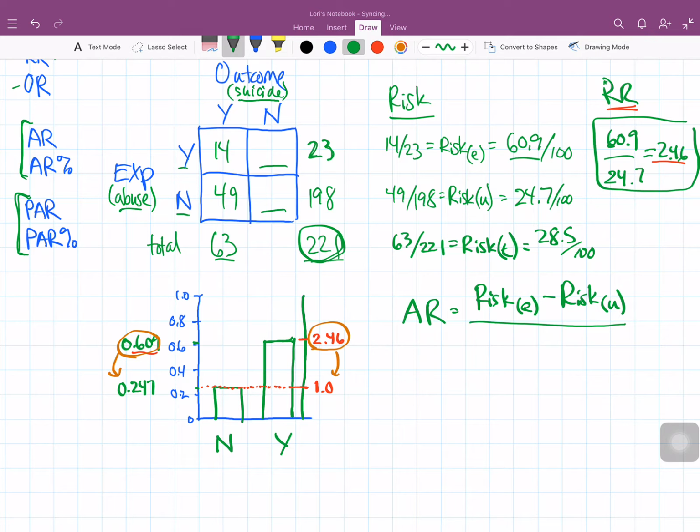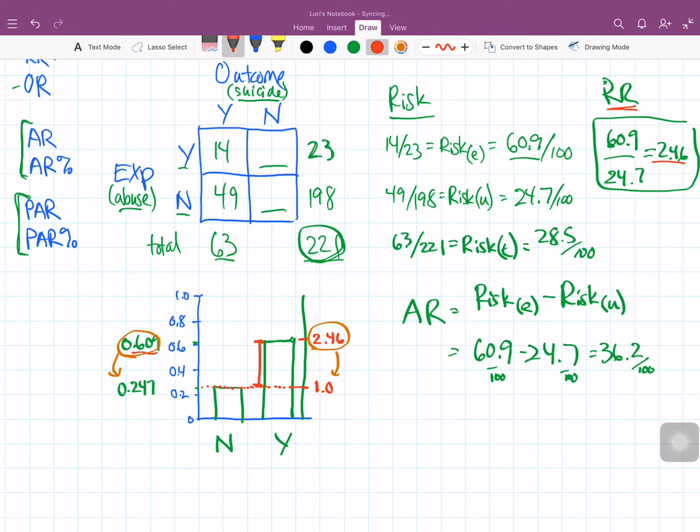So for our specific example, this would be 60.9 minus 24.7. And both of these, in your own mind, you can remember these are per 100. So that is equal to 36.2 per 100. In other words, let me go ahead and draw where that is. If we were to take this 60.9 and subtract out 24.7, it's this distance right here.